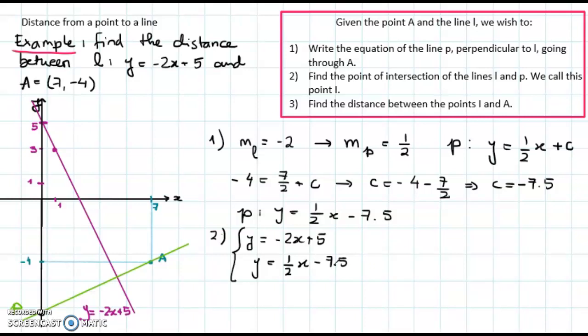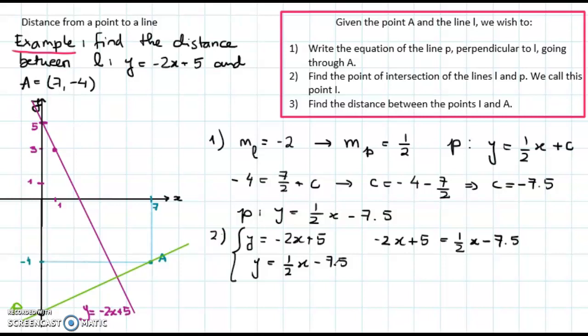We solve this by equating values of y, so we can say that if y is equal to -2x plus 5 and y is also equal to half x minus 7.5, then -2x plus 5 has to be equal to half of x minus 7.5. So this is a linear equation we need to solve.